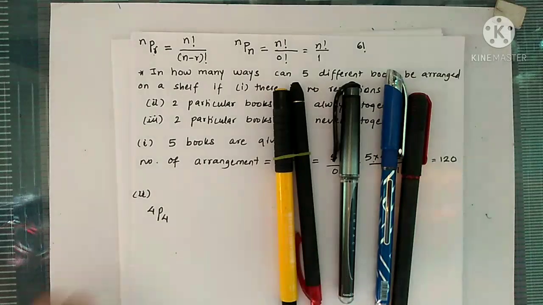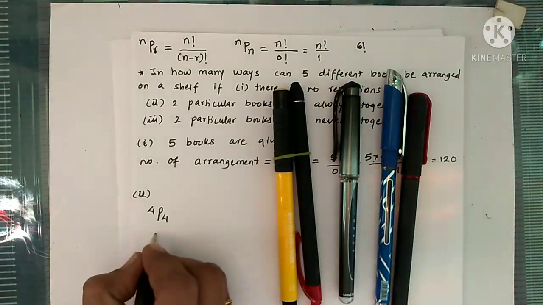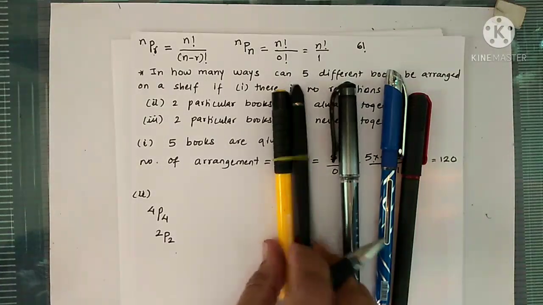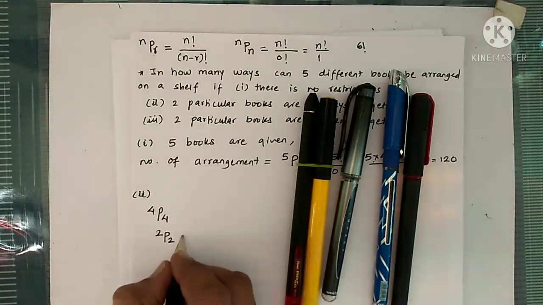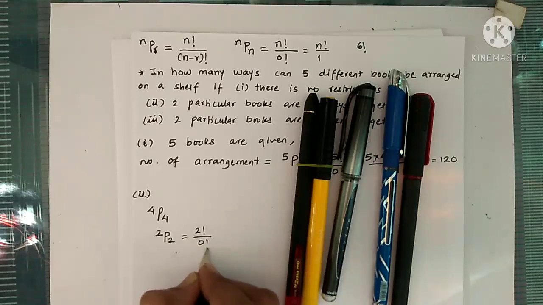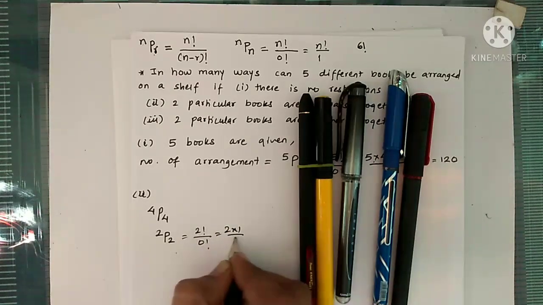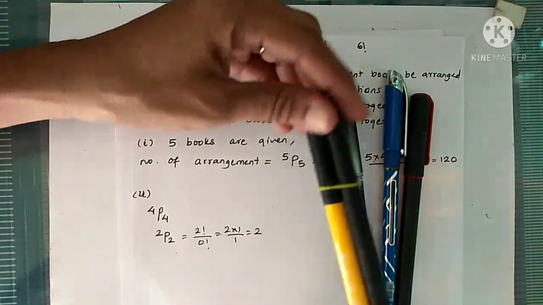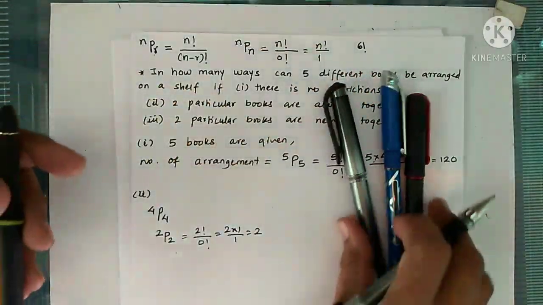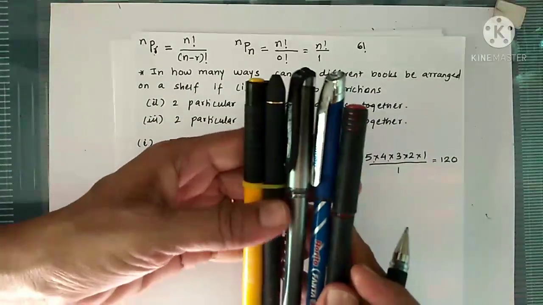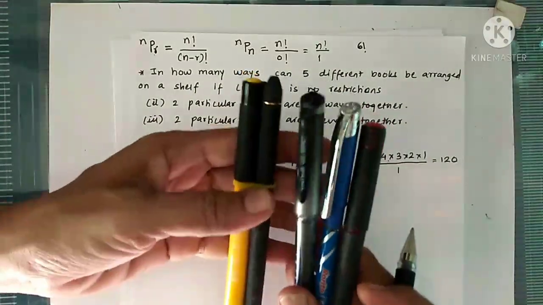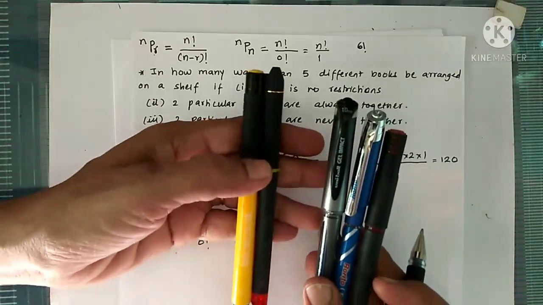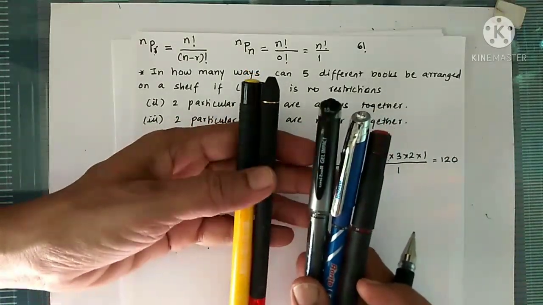So these 2 pens among themselves can be arranged in 2P2 ways, either this or this. 2P2 is 2 factorial, and 2 factorial is 2 into 1. So these 2 can be arranged in two ways, either like this or like this. Okay, so considering these 5 objects, but we want these two to be together, so we are tying them together and we are considering it as only one object, one big object.